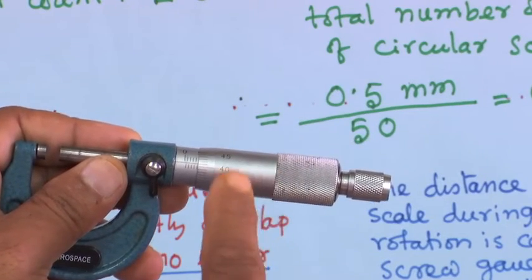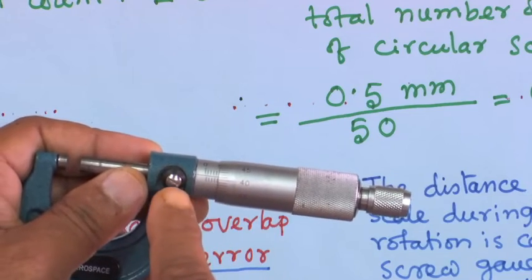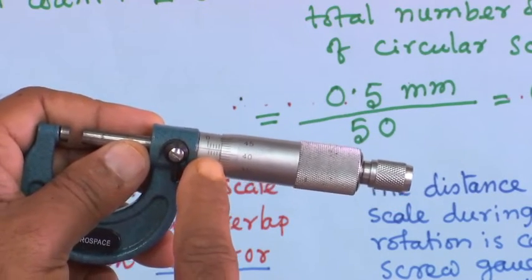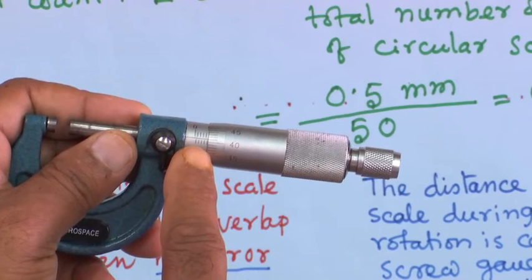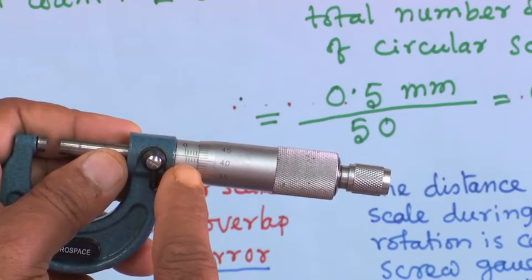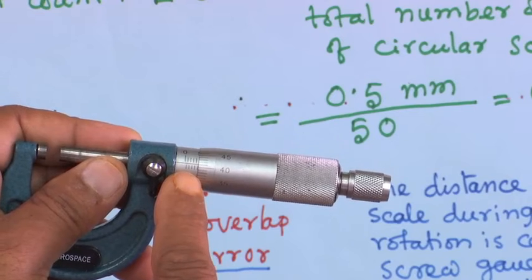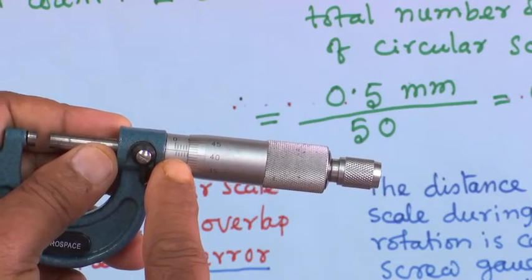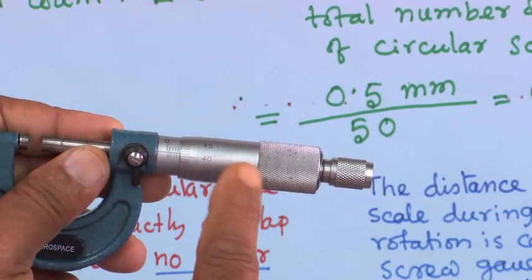That will be the circular scale reading, and then the linear scale reading is in this case 0.5 millimeter, which means 0.05 centimeters.